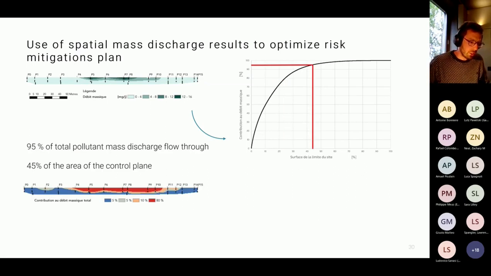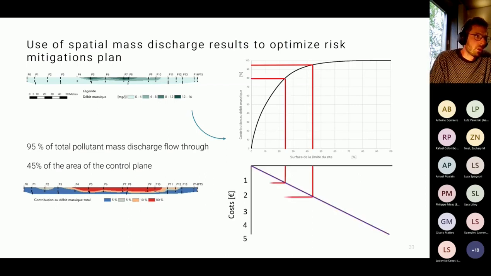Now, if you want to monitor only a bit more, for example 95% of the total mass discharge, you have to keep an eye on 45% of the control plane. And this will include these monitoring wells. Then the consulting company can evaluate the associated cost and maybe negotiate with the industrial or with the regulators to see if it's relevant or not to, for example, double the cost for a few more percent of mass discharge monitoring.